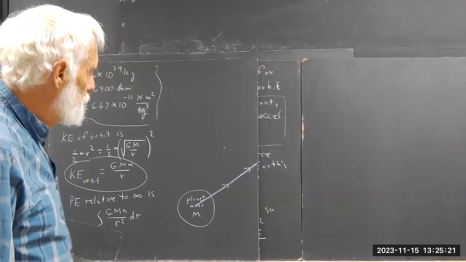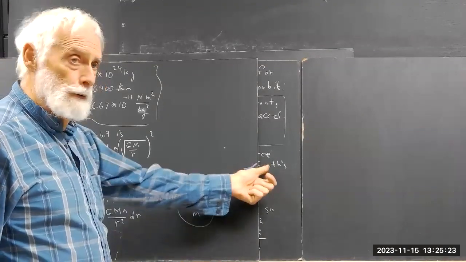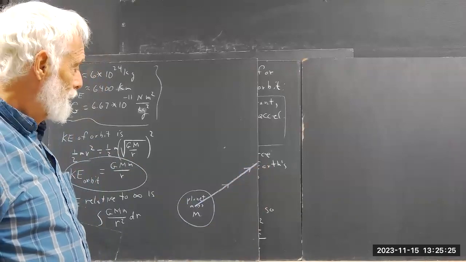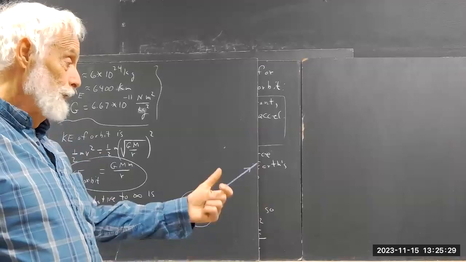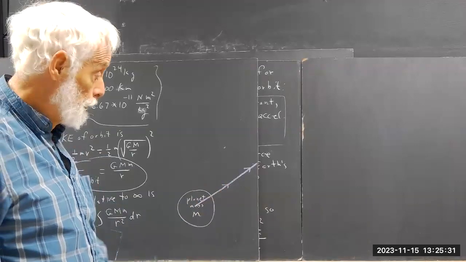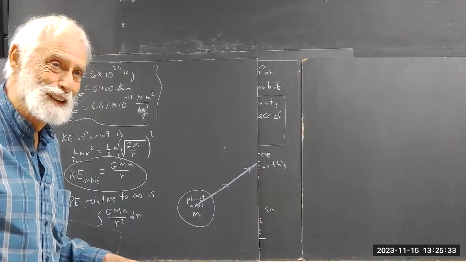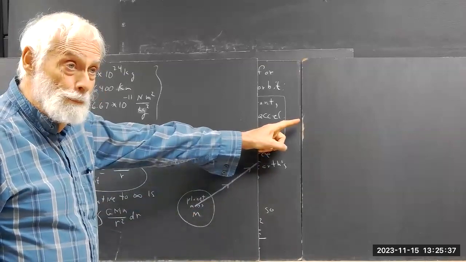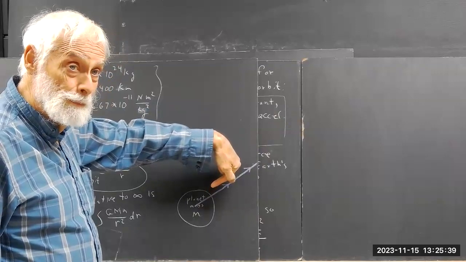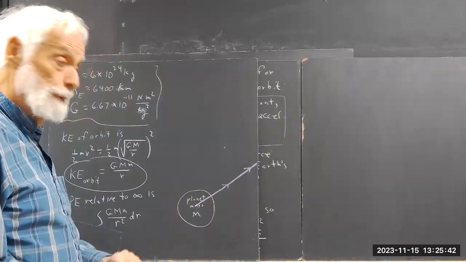Is gravity going to do positive or negative work along this path? I think somebody went like that. That seems like a pretty negative comment. So yeah, I believe you. Okay. Yeah, it is. Because you're going this way and gravity's pulling you this way. So gravity does negative work.